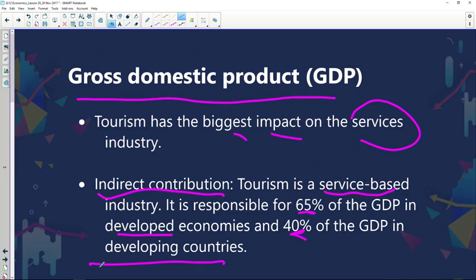You can see the significant contribution that it has on developed economies because those are very, very popular destinations. Think how many people visit Paris on an annual basis. Places like Rome to see where the Roman Church is based and where the Pope lives and so on.